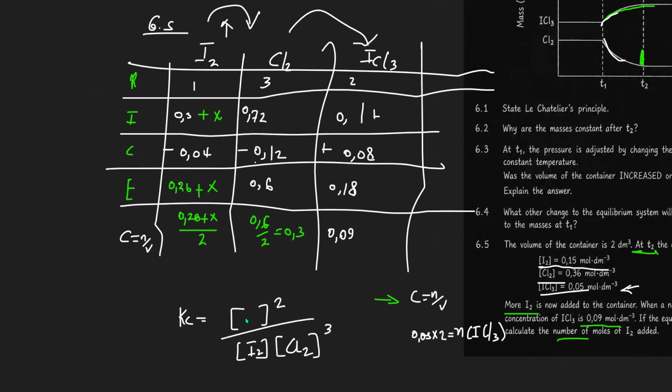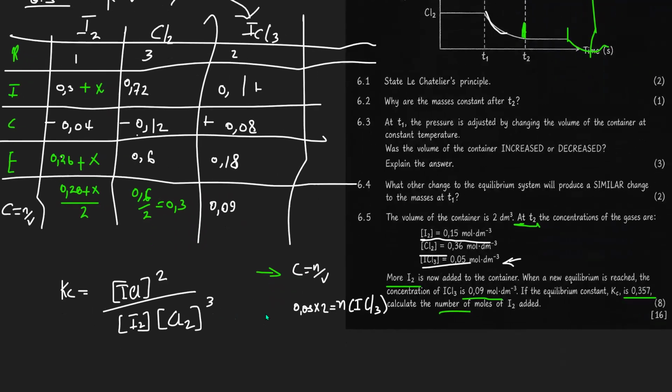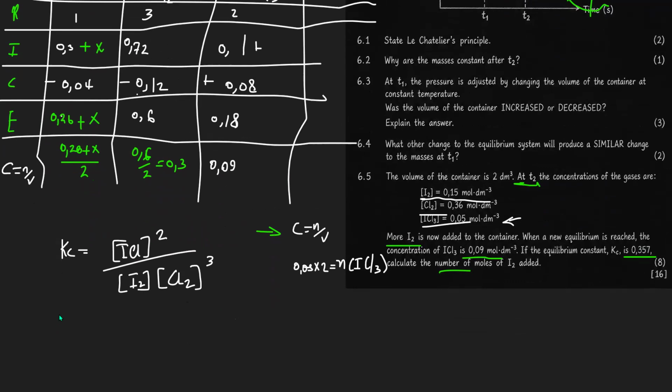So here I have ICl3. Okay, the Kc was given to be 0.357. So I have 0.357 there. And then the concentration of this is 0.09, all squared, and then divided by I2.